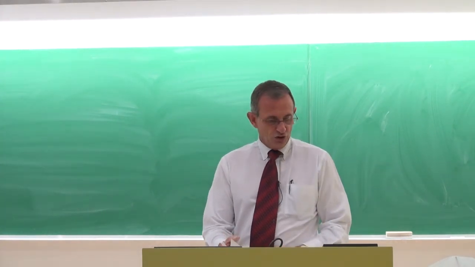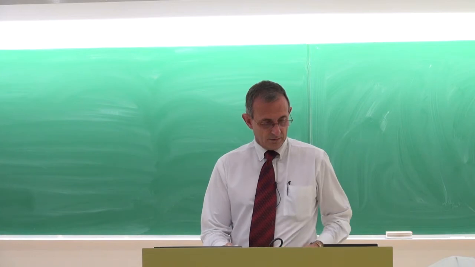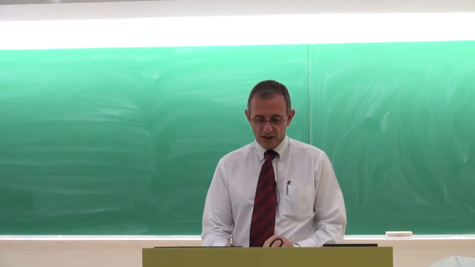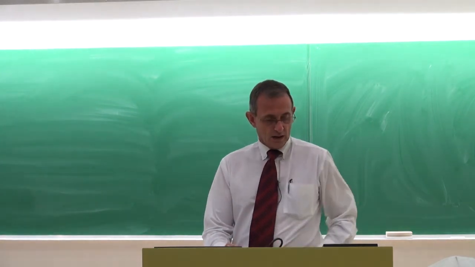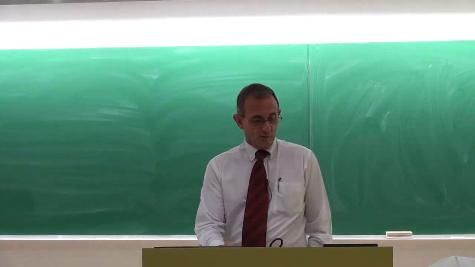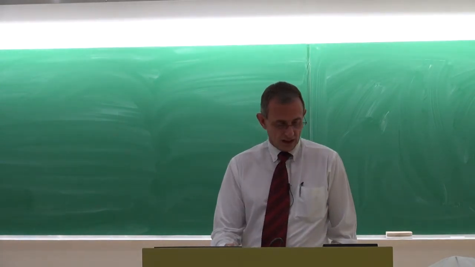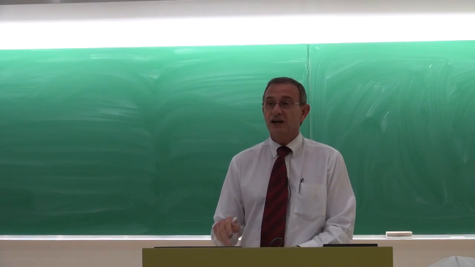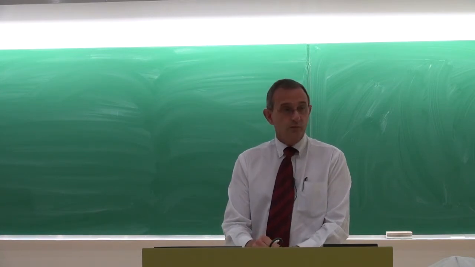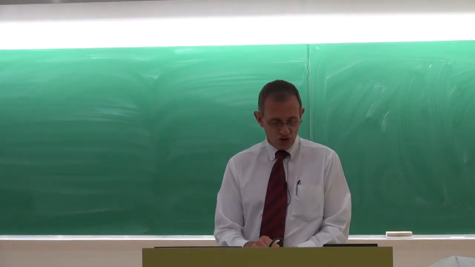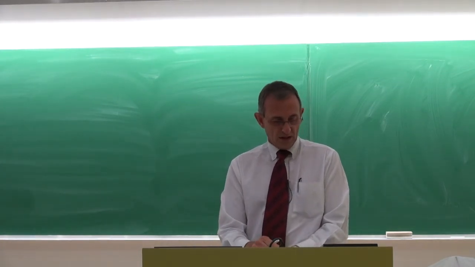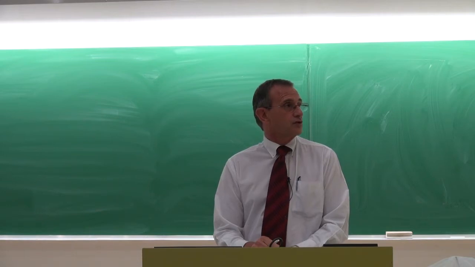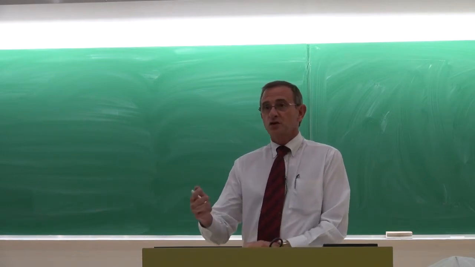Ladies and gentlemen, let's continue with chapter 9. We are following the textbook of Cengel and Ghajar. We are busy with natural convection, and we have already looked at 9.1, the physical mechanism of natural convection, 9.2, the equation of motion and the Grashof number, then natural convection over surfaces, different types of surfaces.